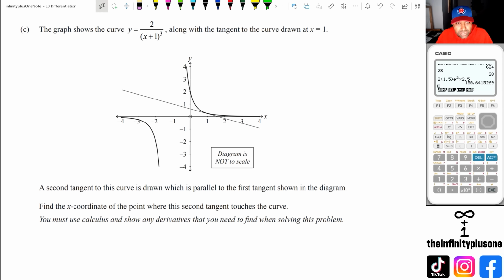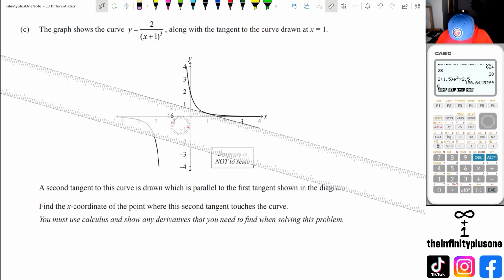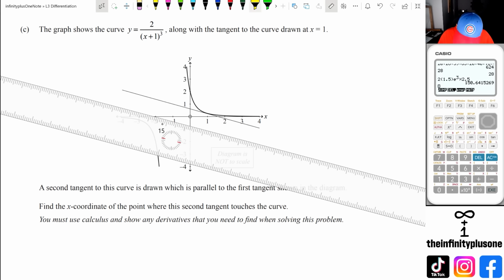All right, so with question C, we've got the first tangent here. So here is where the first tangent is. Now that tangent is at x equals 1, which we can see here. So that's x equals 1. And now a second tangent is drawn that's parallel to the first tangent.